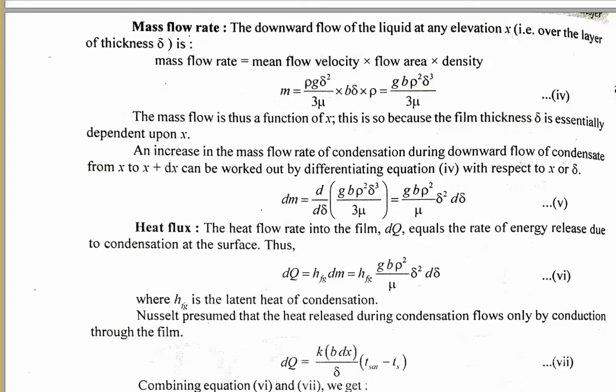That gives g B rho square del square d del by mu.